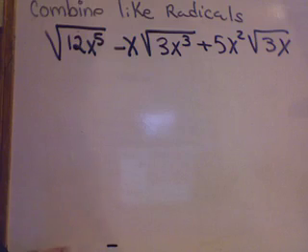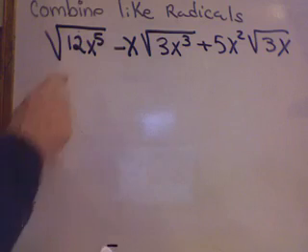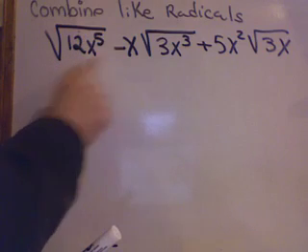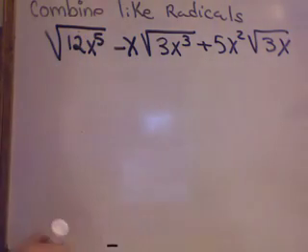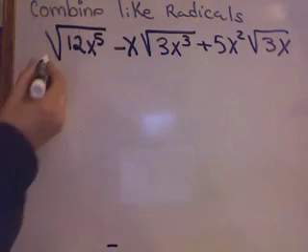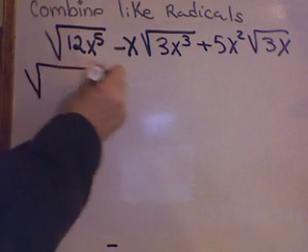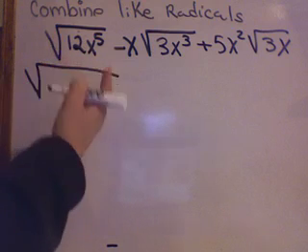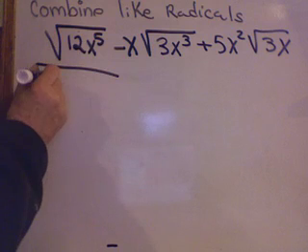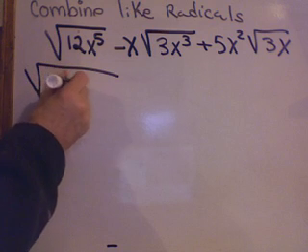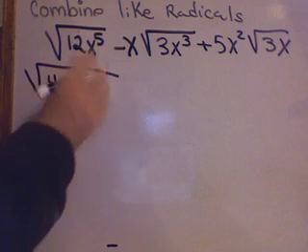All right, again, it looks like we don't have any like terms, but there's certainly some simplifying to do in some of these, so let's do some simplifying. I like to break things up into multiples that show perfect squares. So 12, you could use 2 times 6, you could use 4 times 3. I like 4 times 3. Do you know why? 4 is a perfect square.